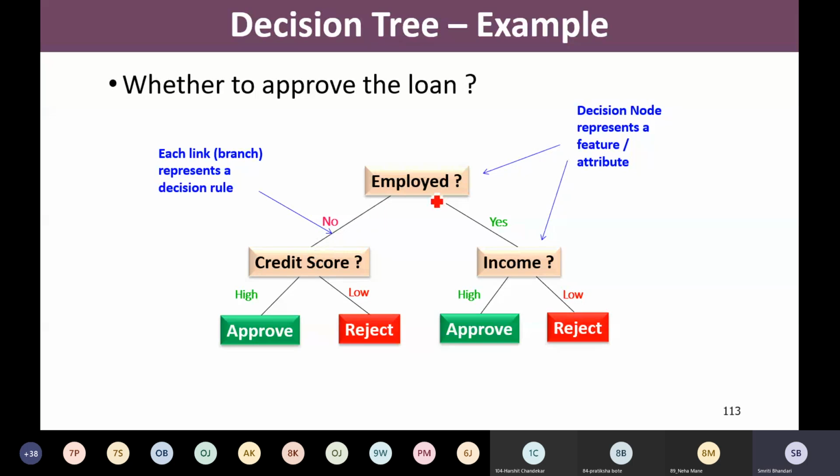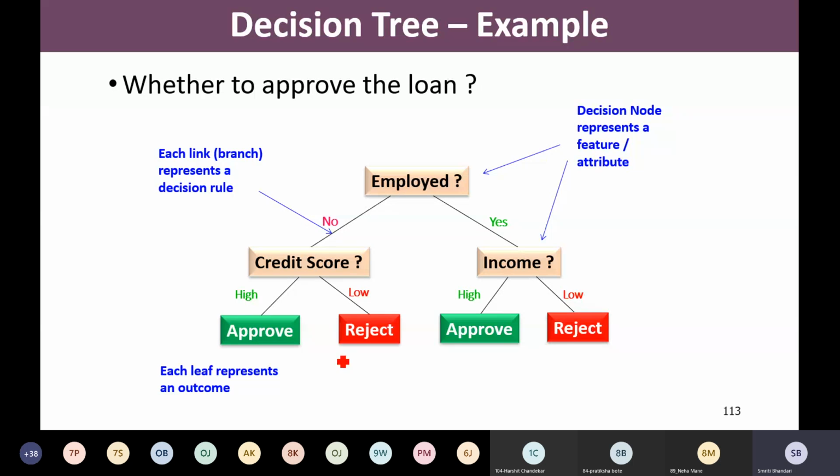So this link or branch represents the decision rule. So whether the person is employed? No. Right? So based on that, some other criteria we are going to check. And these are the leaves. Each leaf node represents an outcome. What is the outcome here? The class. We have two classes, approve and reject, whether to approve the loan or reject the loan.